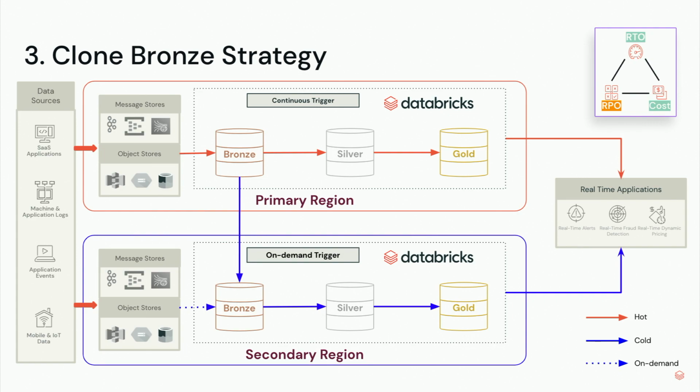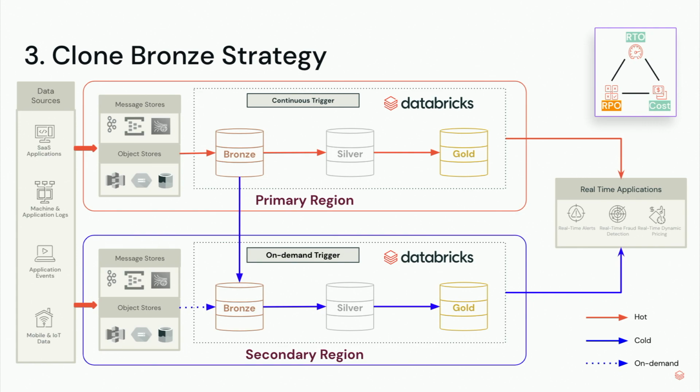In the next strategy, as I said, it's a variant of active-passive. The first is the clone bronze strategy. Here, the bronze table is copied or backed up into the secondary site, and we are not ingesting data from the source systems.